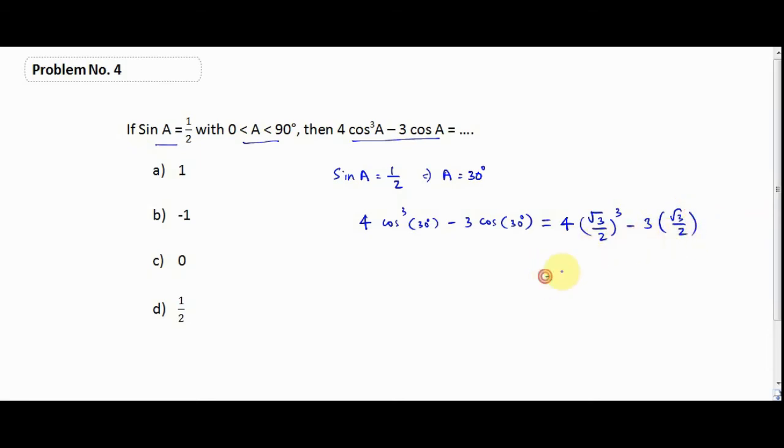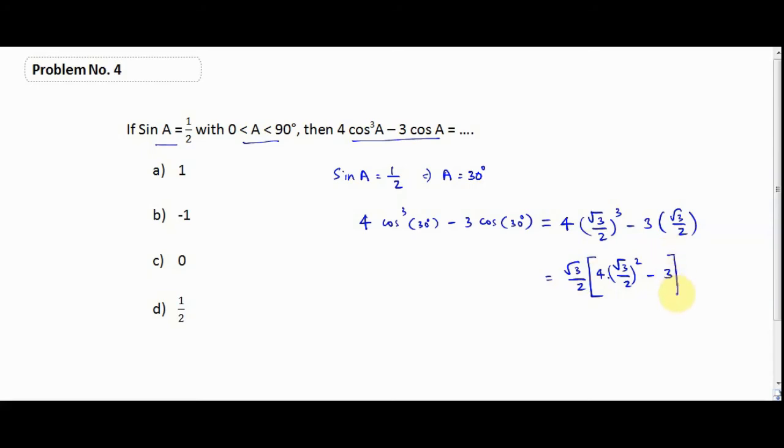So let's rewrite this as root 3 by 2 into 4 into root 3 by 2 whole square minus 3. We are taking root 3 by 2 outside the bracket, so the left out term will be 3 into 1, that is 3.